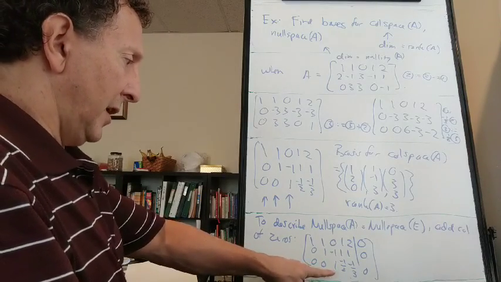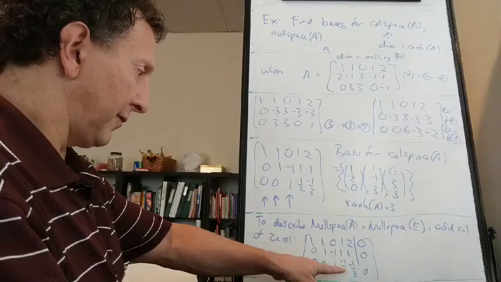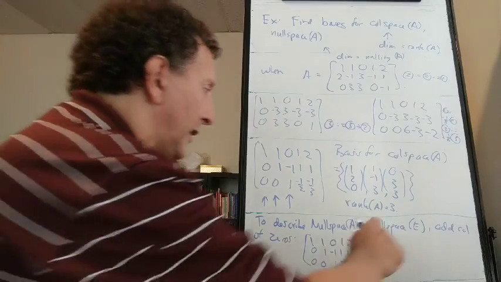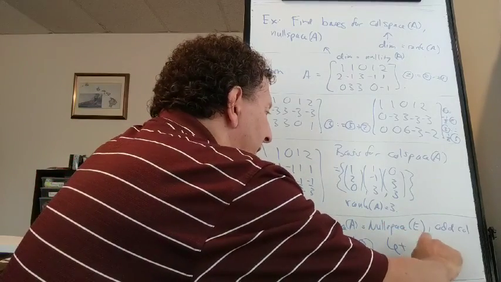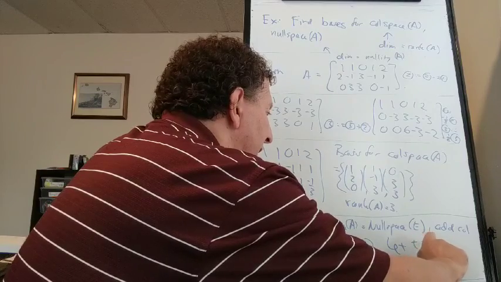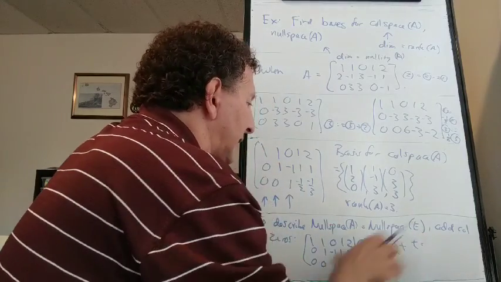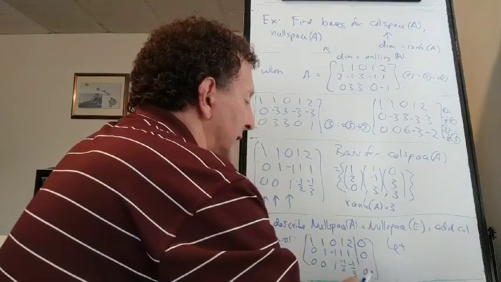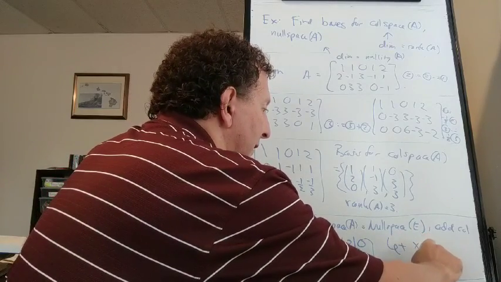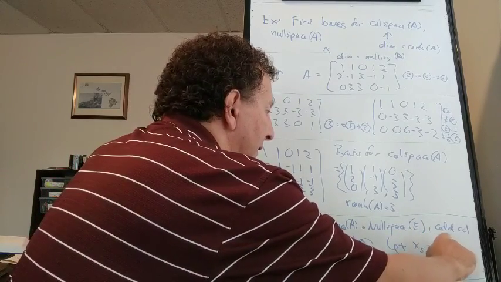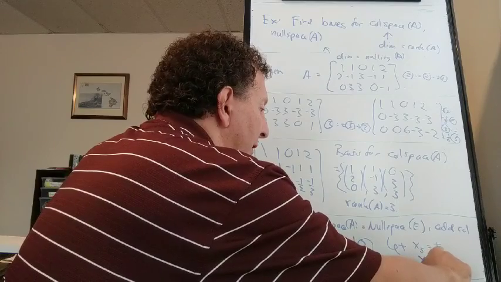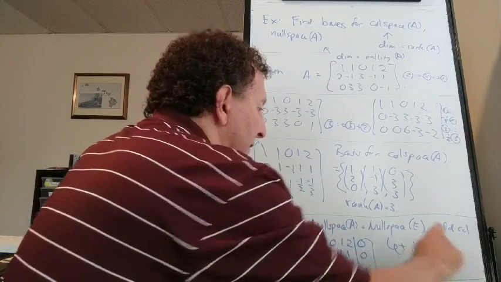So we've got two free variables, the fourth variable and the fifth variable. So let's let x5 be t, and x4 be s.